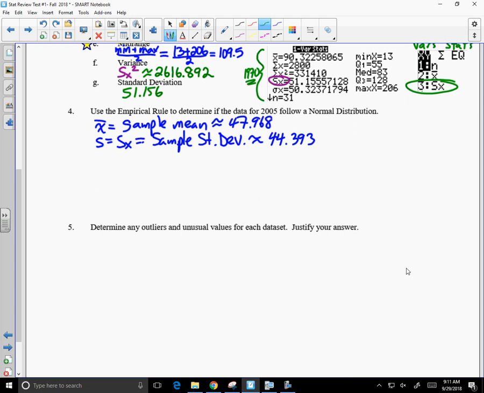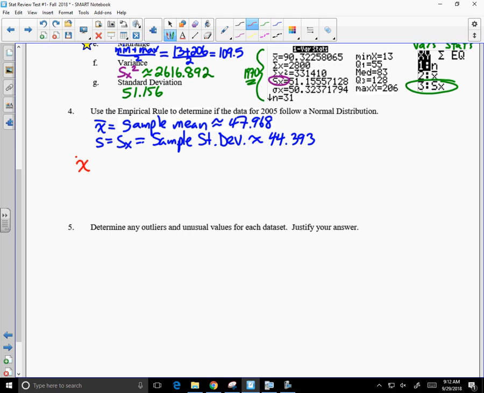All right, so empirical rule. That's our favorite one. So you know enough now to know that that's not your favorite one. All right. Empirical rule to determine if the data for 2005 follow. I'm sure that's grammatically incorrect, so somebody take care of that if you would.